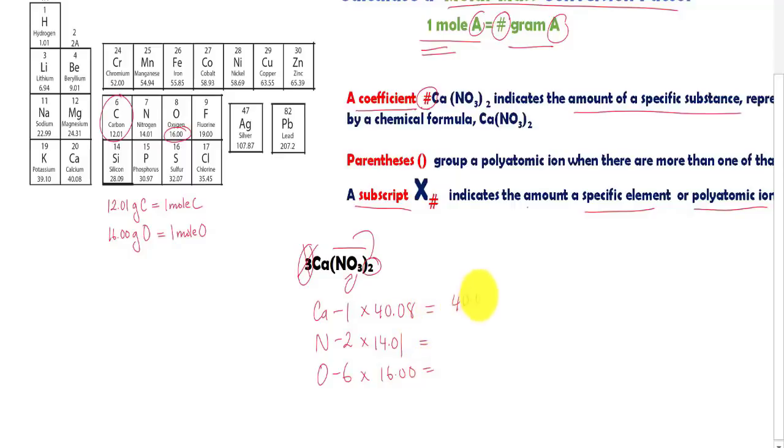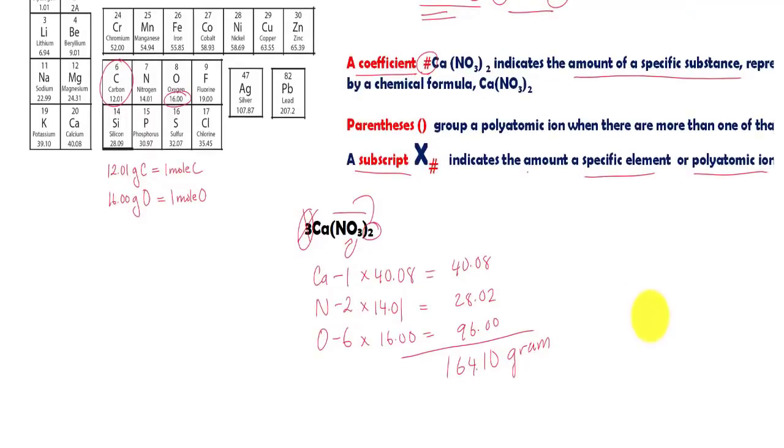We have 40.08, and this one we have 28.02, and this one we have 96.00. So these are the total mass of each element in the chemical formula based on how much of the specific element you have. And the last step is we add them all together. That gives us 164.10. And this is the mass in grams.